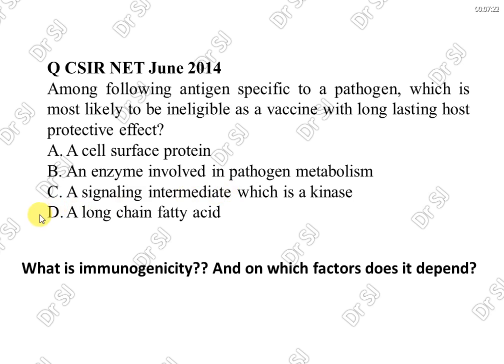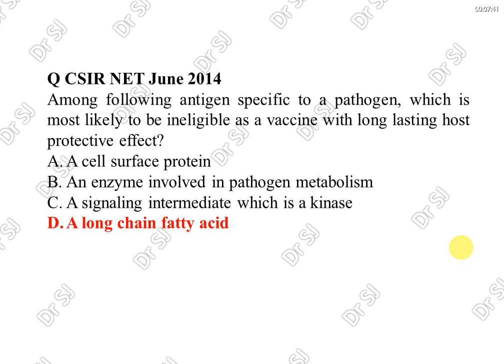So option D is the only choice left as an ineligible candidate for a vaccine. These kinds of questions depend on the immunogenicity of the molecules. So answer D is the right answer for this question from June 2014.